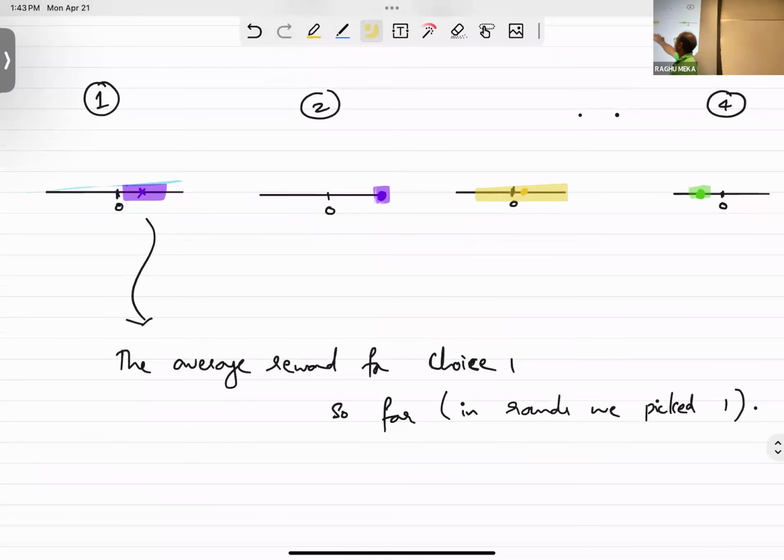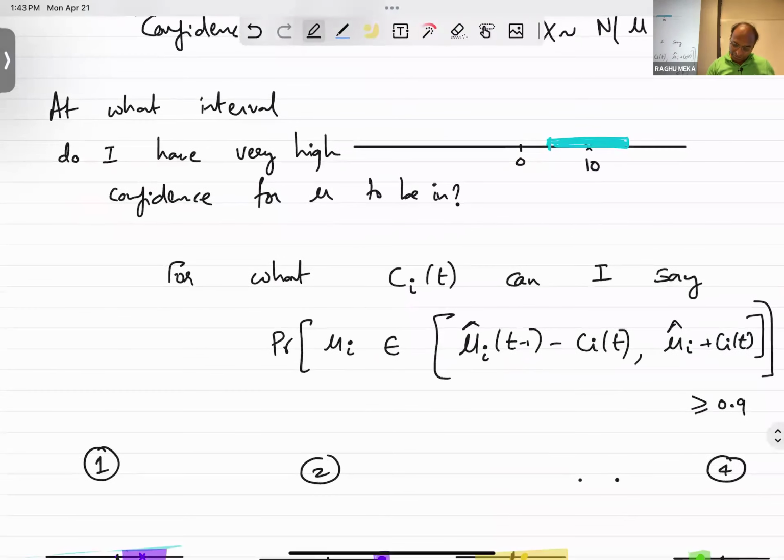So this expert had a small value, but I know so little that the potential is this entire yellow band. Right? So you pick the expert with the largest upper confidence bound. Right? So we'll see how to compute this value exactly, to be explained later.